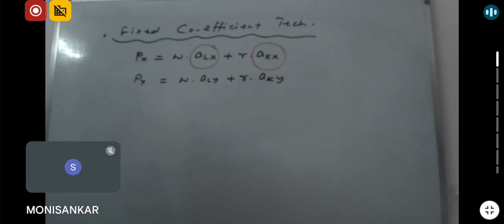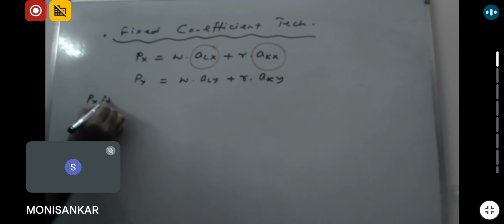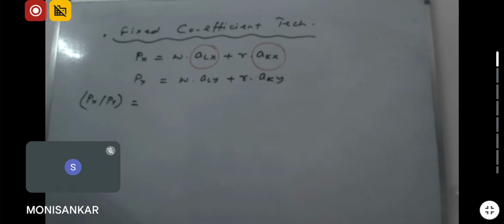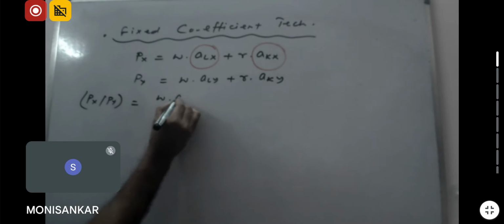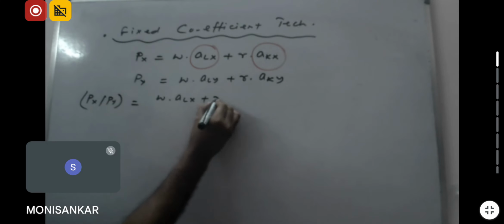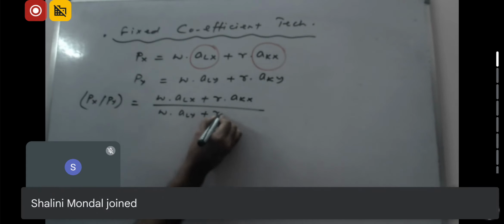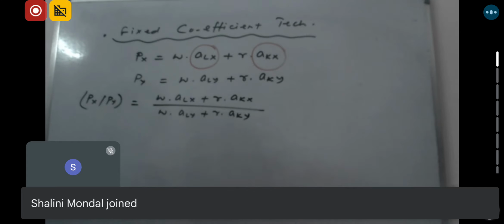Okay, you know what is alx, what is akx, we already showed this. Now you take px by py, simple maths. So w alx plus r akx by w aly plus r aky.